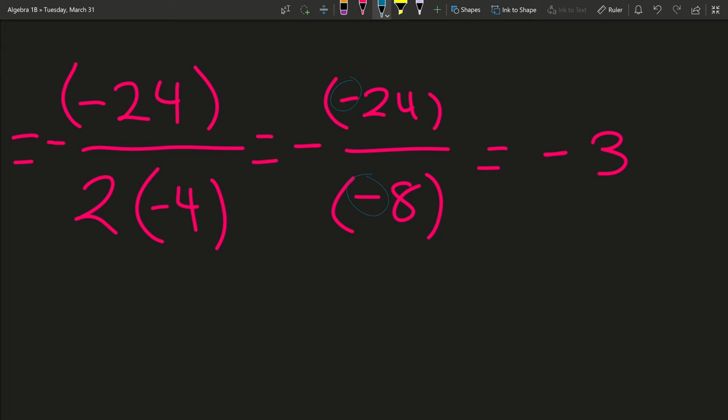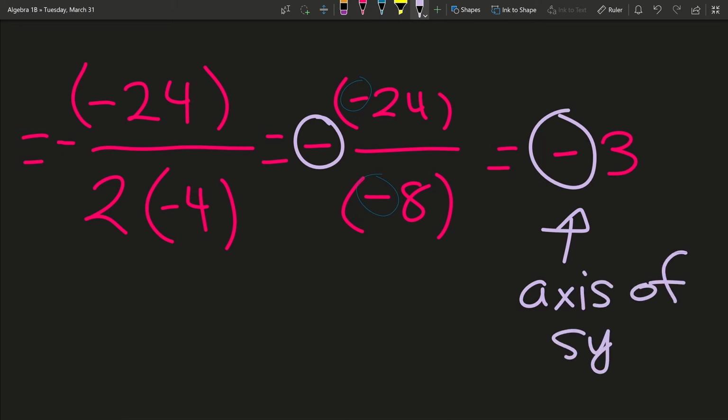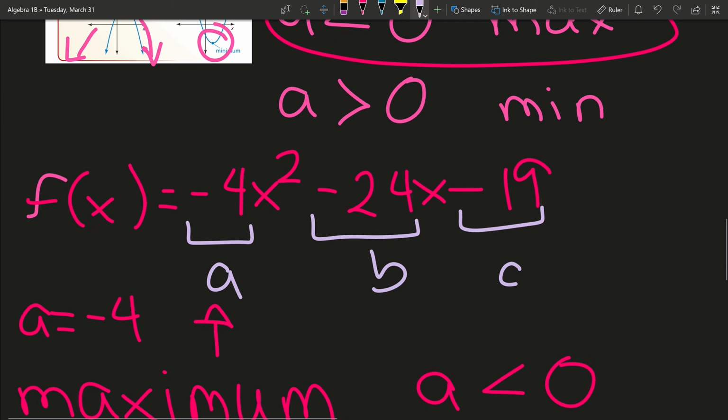But we still have this negative out front, so we keep it. Now we know our axis of symmetry, let me write this down, is negative 3. We can plug it back into our original equation.